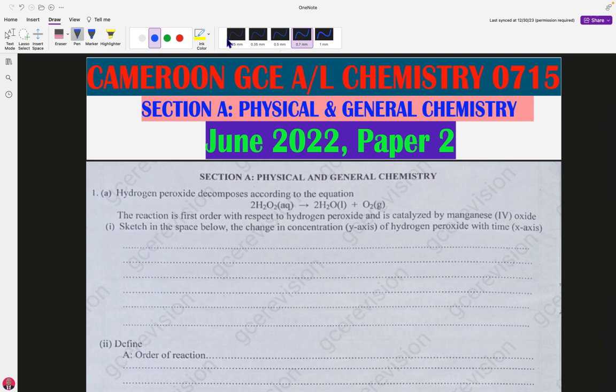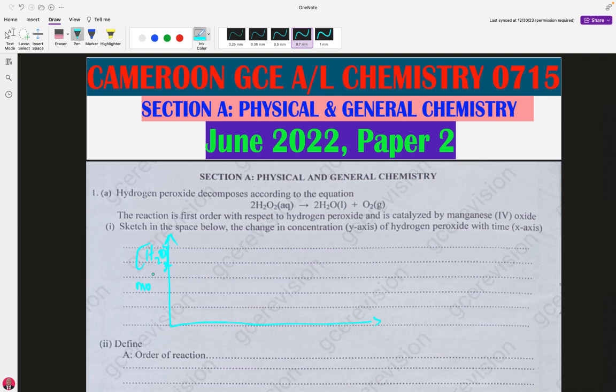You sketch something like this. This is the time, and you can talk of the concentration here of hydrogen peroxide, H2O2, in mole per dm cube.